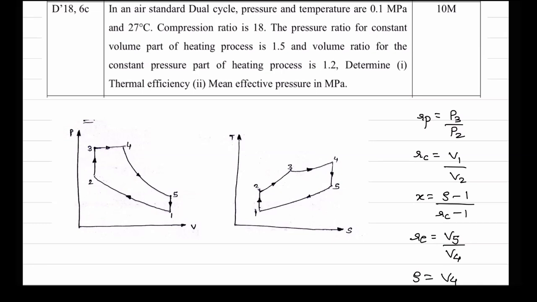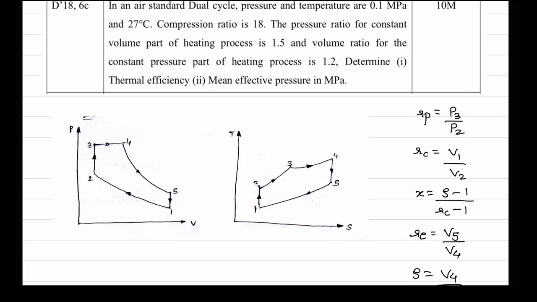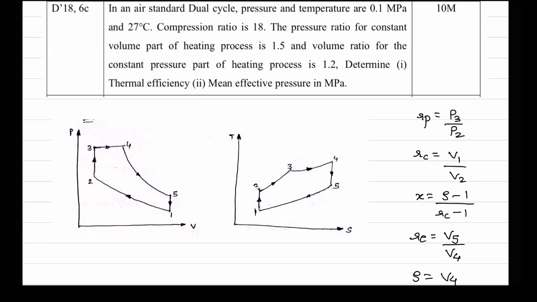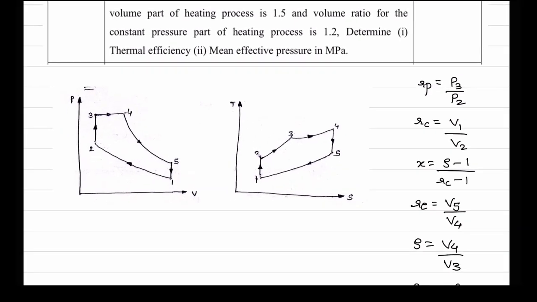Okay. So it is mentioned here, pressure and temperature. Two values are given. What are these values? 0.1 megapascal and 27 degrees Celsius. So we will mention this. Okay, so I'll write down the data.